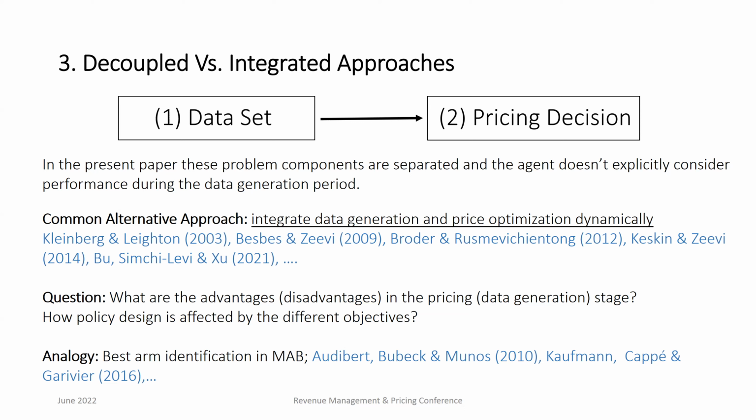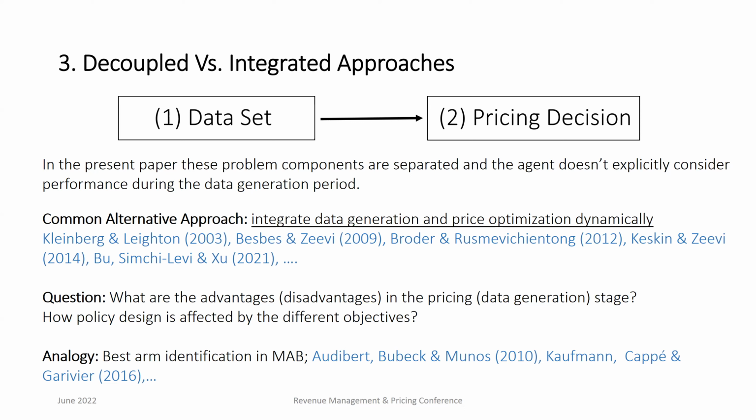A nice analogy for that type of question is given by the literature on best arm identification in the multi-arm bandit literature. There, the action set is discrete rather than convex, like here. And still, there is the traditional multi-arm bandit literature that considers sequential optimization that combines data generation and optimization along the path.